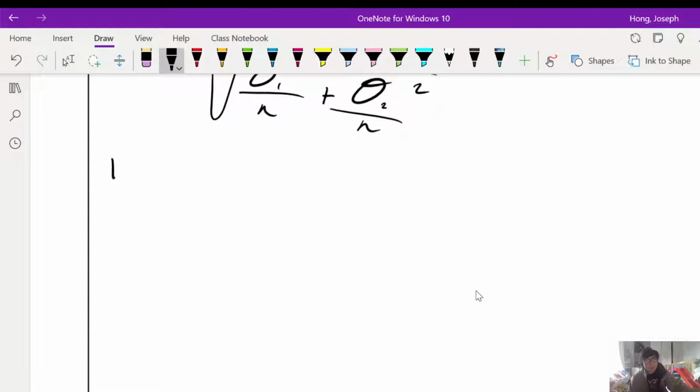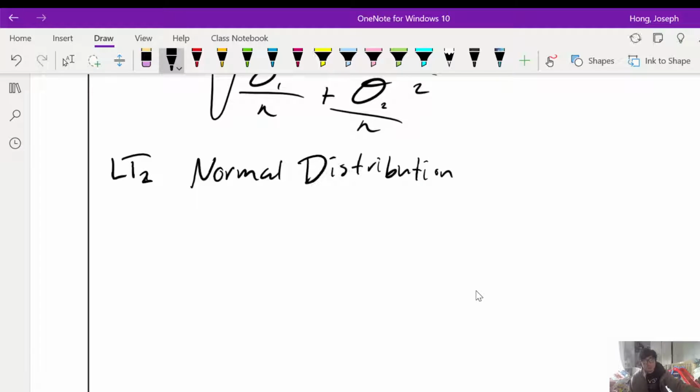And I guess the last learning target, once again, it is the normal distribution once again. We always try to connect normal distribution into all of our lessons because we haven't learned a lot about how to calculate probability besides using normal distribution, unless it's a given.